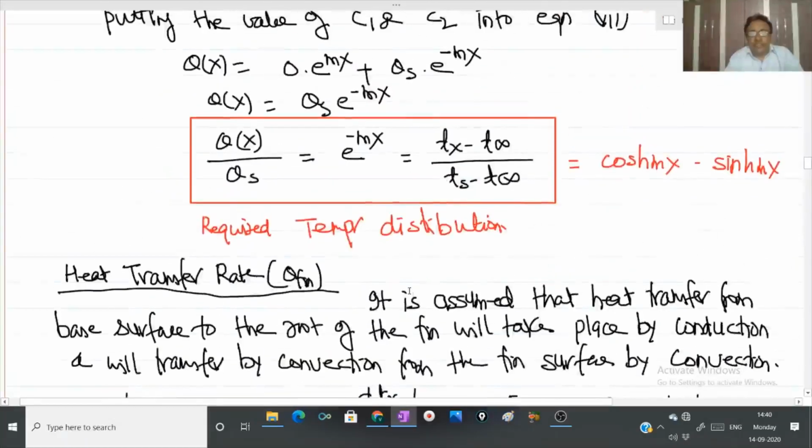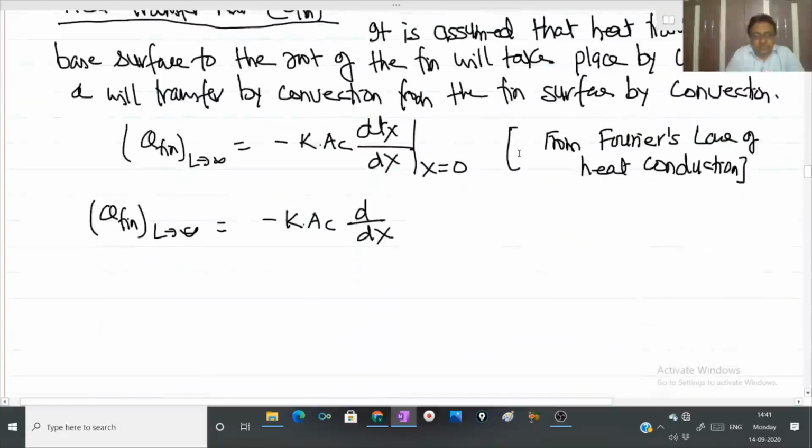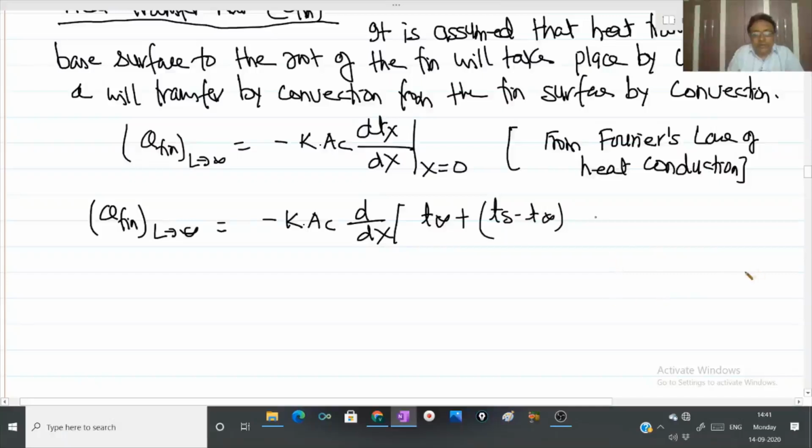From this equation, I can get the value of Tx, which is nothing but T infinity plus Ts minus T infinity e to power minus mx, and this entire term is at x equal to 0.